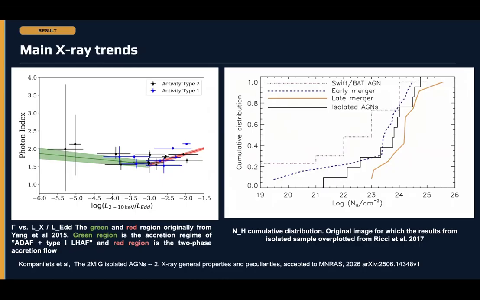And the luminosity in the X-ray band is typical for the luminosity of Seyfert galaxies. So based on this result, we can assume that we do not observe evidence that the environment has some influence on the activity of the AGN in our isolated galaxies.